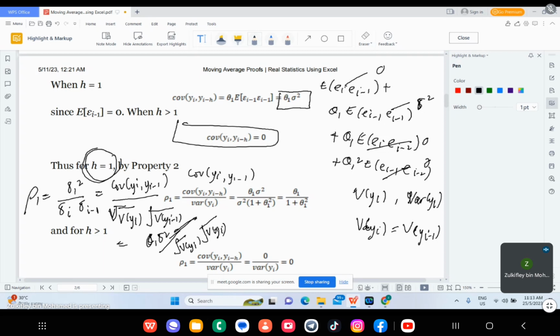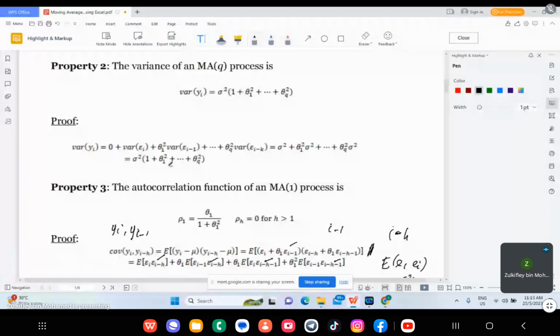So in other words, if you multiply this thing, you will have theta 1 sigma square over variance of yi. And by definition, variance of yi, kita akan dapat daripada atas tadi, is sigma square times 1 plus theta 1 square plus theta 2 square.